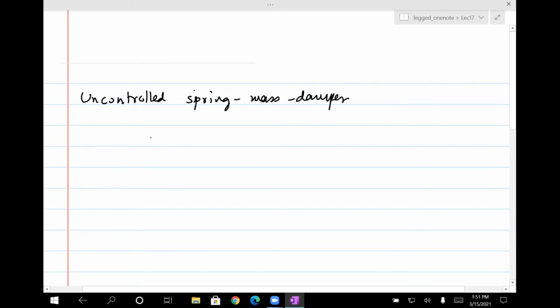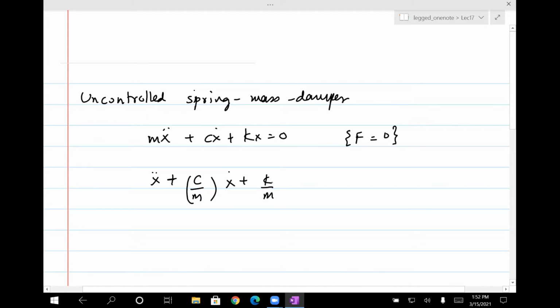Okay, for the uncontrolled system, we'll have equations in this form. So here the external force is 0. And then what we'll do is we will divide it completely by m. Okay.